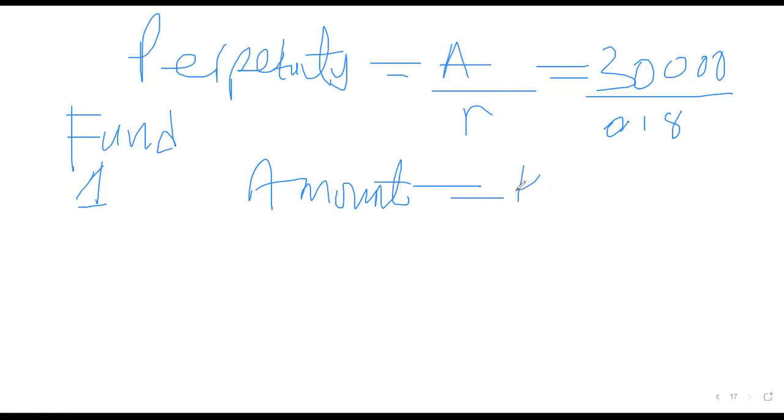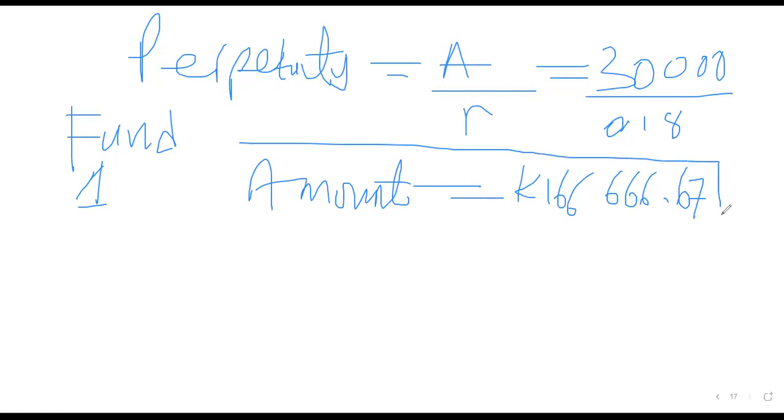So it's giving us 166,666.67. This is what we have for fund 1. Now fund 2.